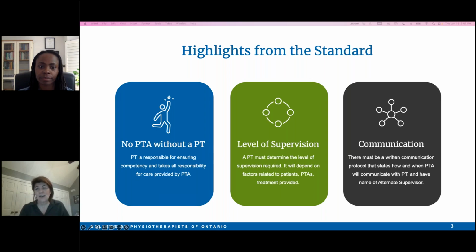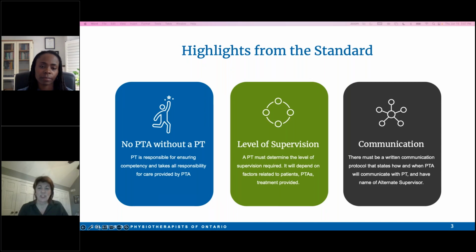When you're assigning care to an assistant, there are many factors that you need to consider, from the patient factors, from acuity, chronicity, the predictability of the patient's change in their condition, to the experience of the physiotherapy assistant, their level of training. Environmental factors: are they going to be working alone? Are they in a team environment? Some of the physiotherapy treatment factors you need to consider: what are the technical skills required?